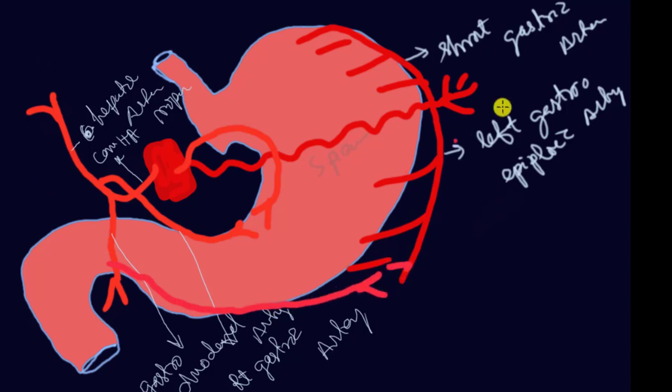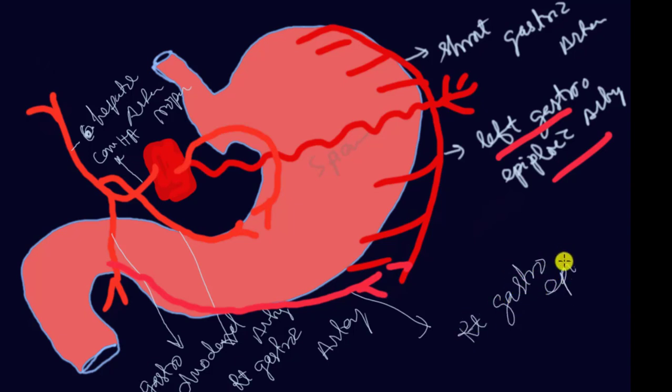What is that? Left gastroepiploic artery. So this one will be your right. What is that? Right gastroepiploic artery.